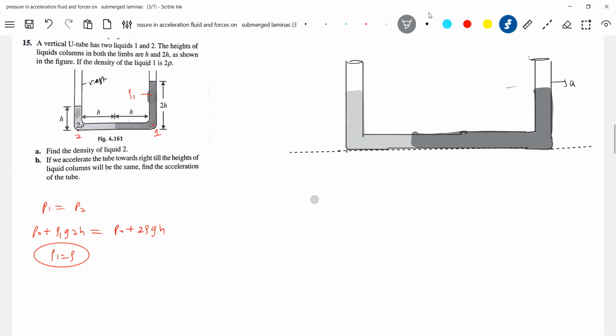And the height should be the same. So how to get that height? There's a liquid of density 2 rho, and there's a liquid of density rho.